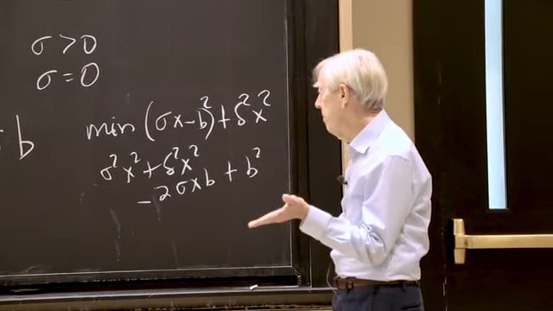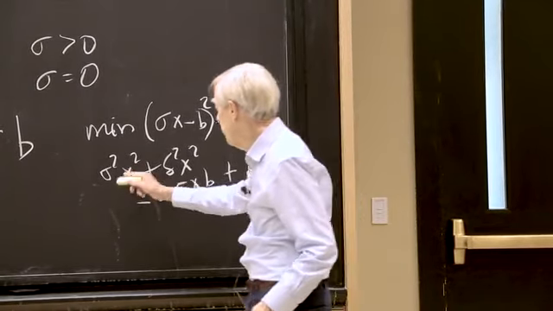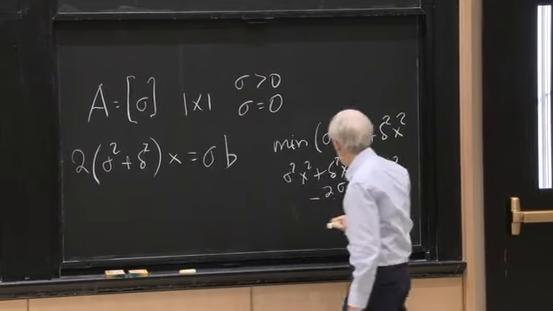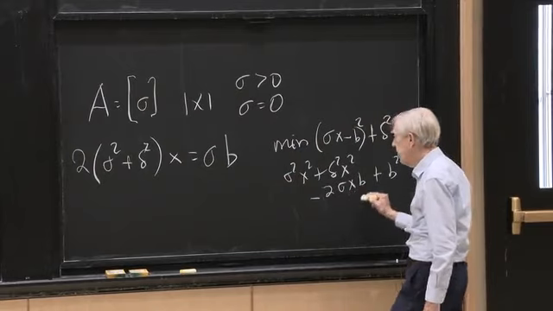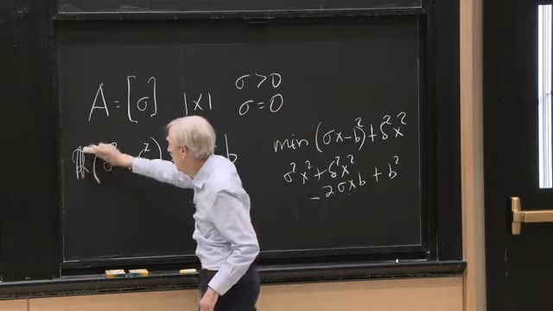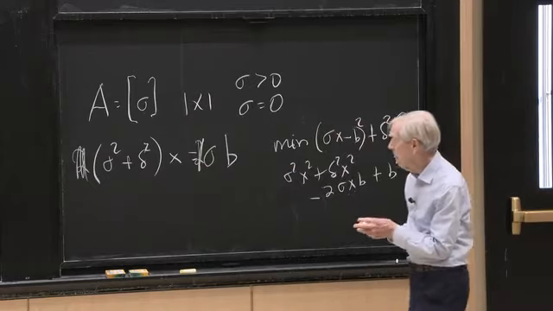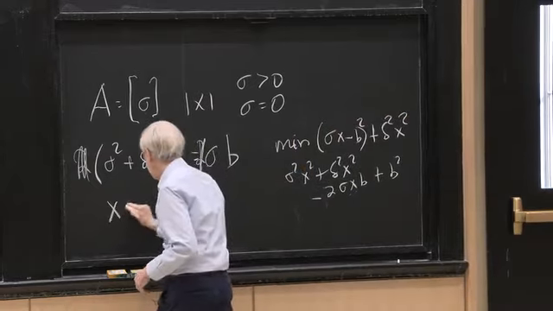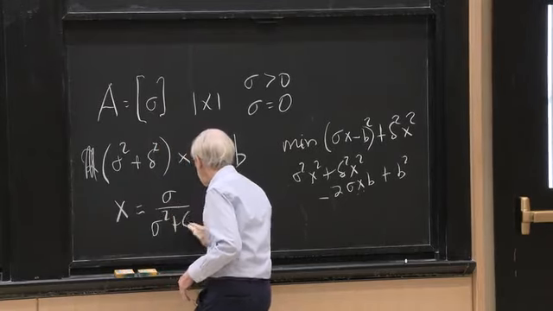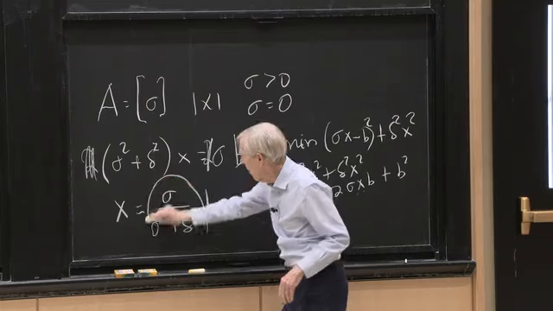And now I'm going to find the minimum, which means I'd set the derivative to 0. So I get 2 sigma squared and 2 delta squared. I get a 2 here. And this gives me the x derivative is 2 sigma b, so I get a 2 there. I just cancel both 2's. And that's the equation. So I can solve that equation. x is sigma over sigma squared plus delta squared times b. So it's really that quantity.